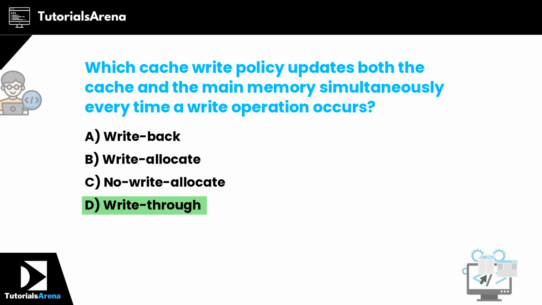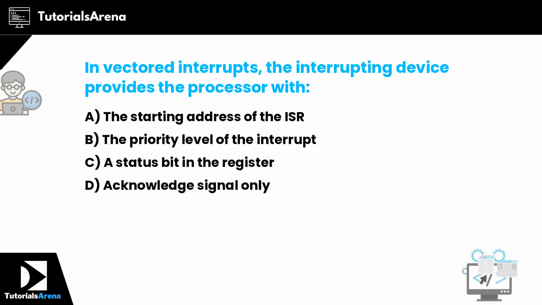The correct answer is option D, write-through. In vectored interrupts, the interrupting device provides the processor with. The correct answer is option A, the starting address of the ISR.